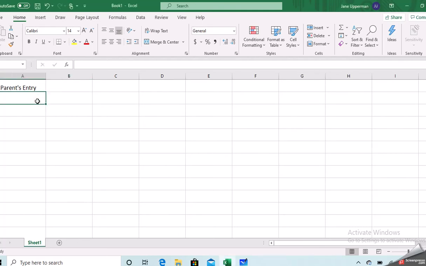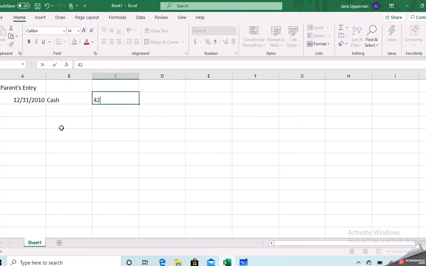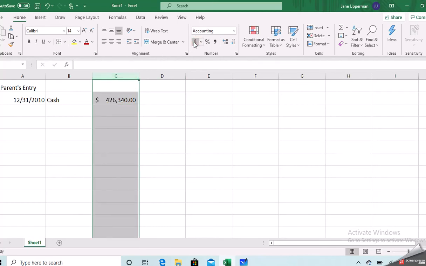So what we want to do, though, is say, okay, the parent's entry, the day that they sell the bonds, they are going to receive cash for the 426,340.